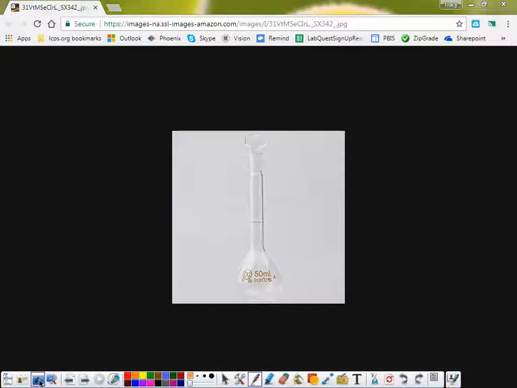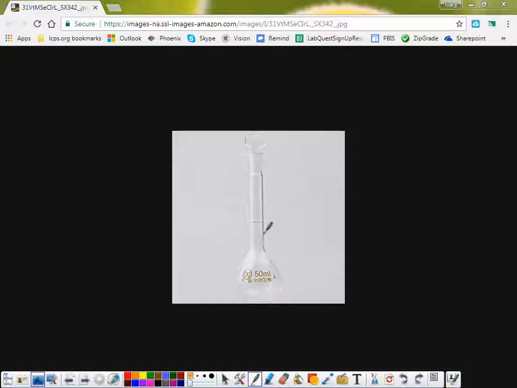The one on the board, what volume can that volumetric flask measure to? 50 milliliters, which is why it says 50 milliliters on the flask. The one in my hand can measure to what volume? 500 milliliters. So I'll use the one on the board for the sake of the video. This line measures at exactly 50 milliliters, plus or minus maybe half a milliliter, but it's very, very precise for that one volume.